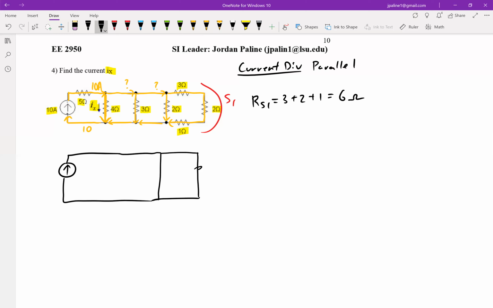Okay, 6, 2, 3, and then 4. And then, why not 5? Maybe a 10.